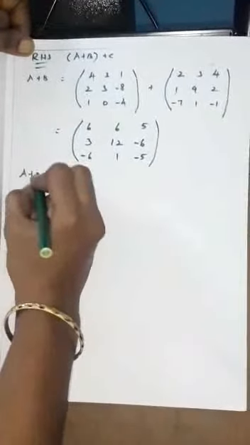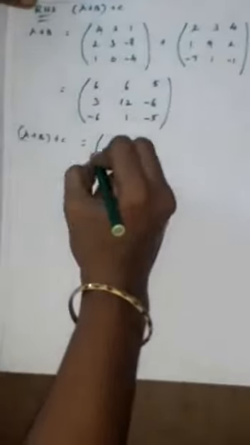The next one, find out (A plus B) plus C. We already found A plus B, the matrix elements 6, 6, 5, 3, 12, -6, -6, 1, -5, plus the C matrix elements. First row 8, 3, 4. Then second row 1, -2, 3.